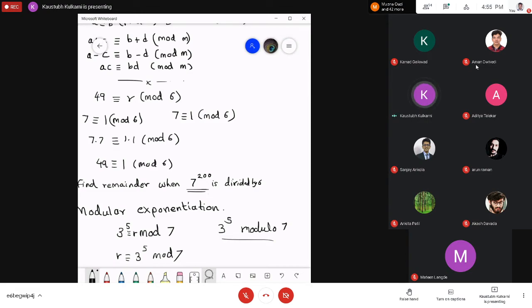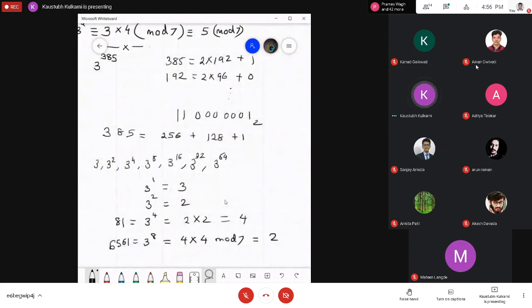Any number can be expressed as sum of powers of 2. Any number can be expressed as sum of powers of 2. And it becomes faster to calculate exponentiation if we use that technique. That's why we saw which powers of 2.